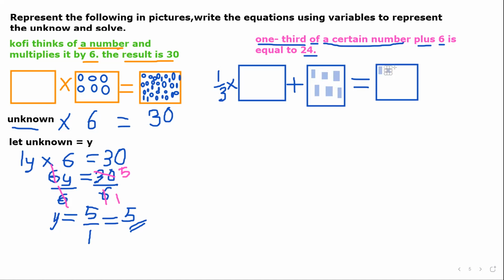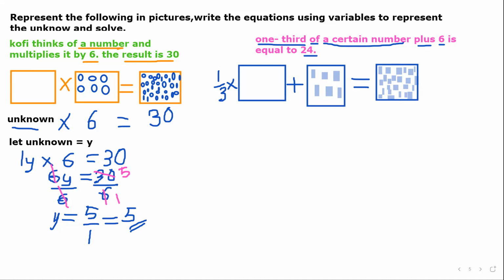1, 2, 3, 4, 5, 6, 7, 8, 9, 10, 11, 12, 13, 14, 16, 17, 18, 19, 20, 21, 22, 23, 24. Okay, so that is 24.